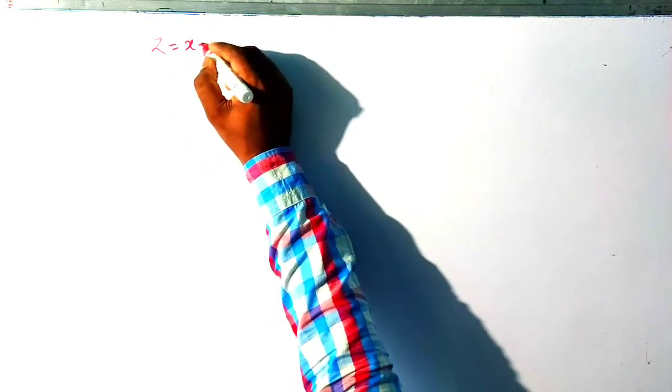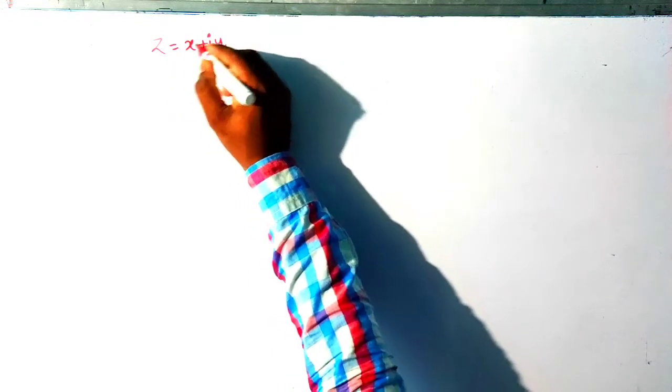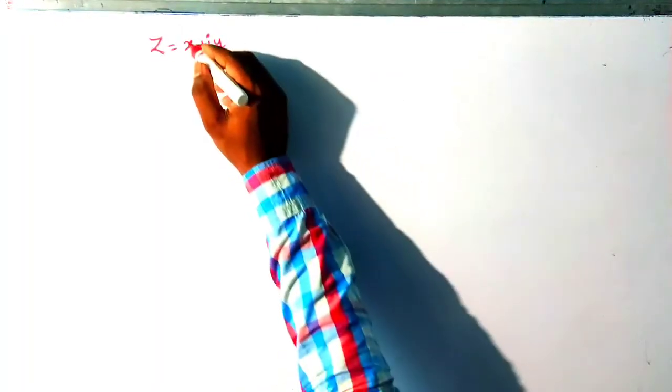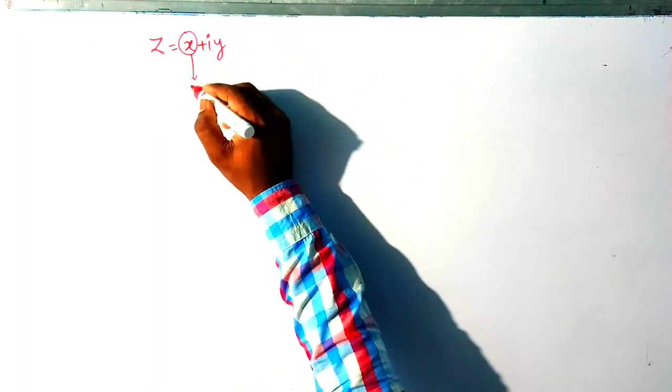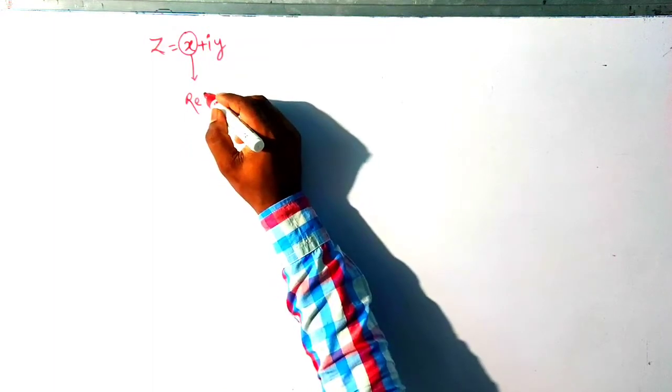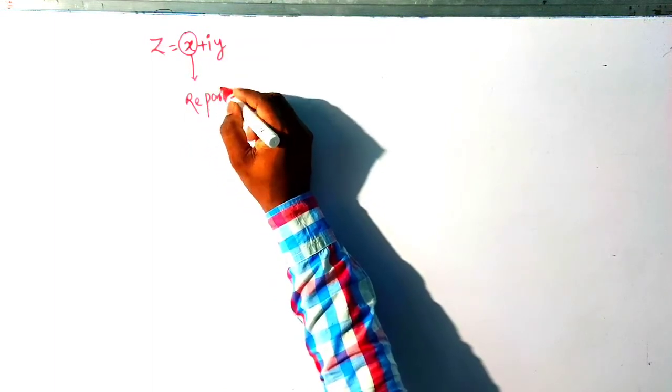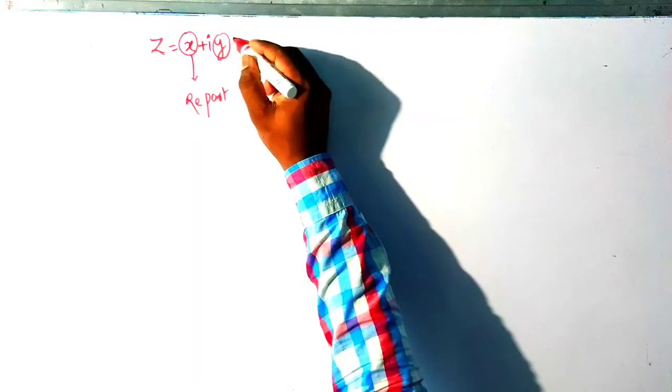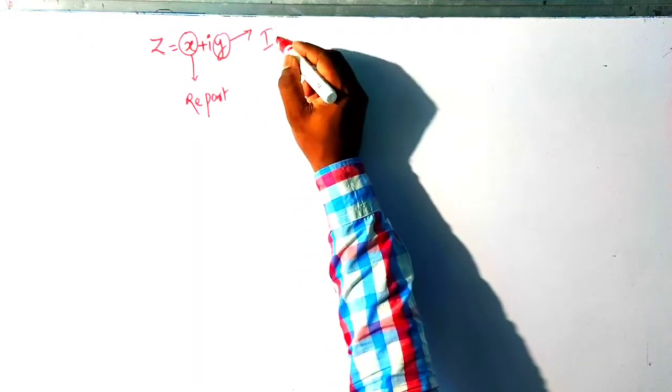So a complex number is in the form of x plus iy. Clear? Here x is nothing but the real part and y is nothing but the imaginary part.